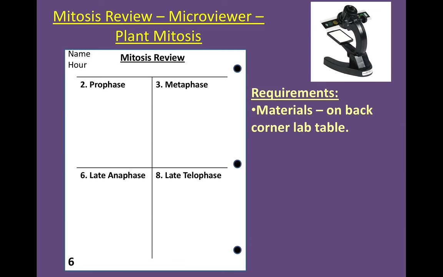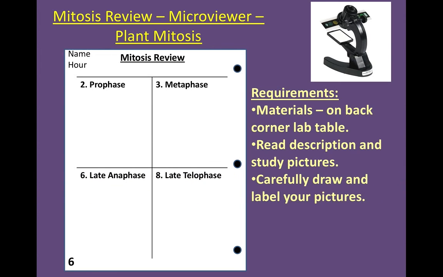So after you've set up your page, you will read the description of the number you're looking at. For instance, you're going to start with number 2, prophase, and you're going to look at the pictures, and then you're going to carefully draw and label what you see. And so you're going to add labels to things based on your knowledge and also based on what you're reading in the micro viewer.